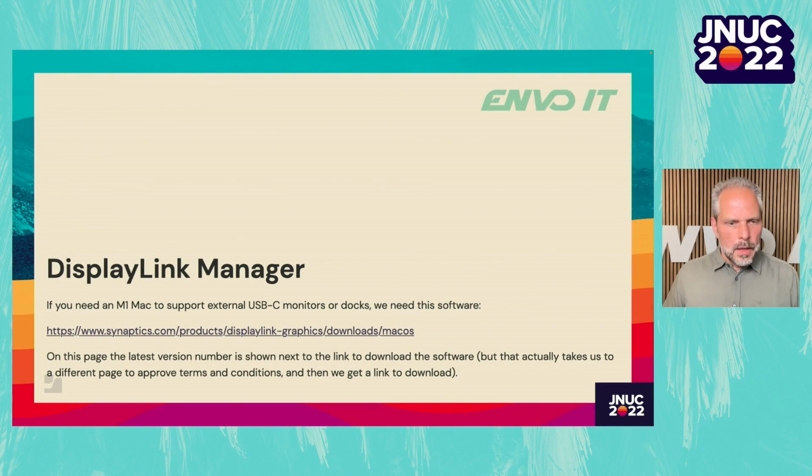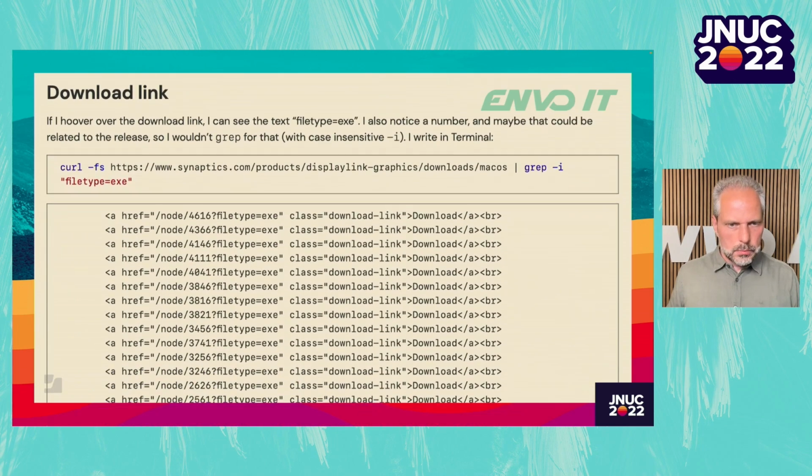All right. So this is why we need it for M1s, to support maybe some USB-C monitors. I started on the first URL, and I will just grep for file type equal exe, because that was part of the download link. And I get all of these downloads.